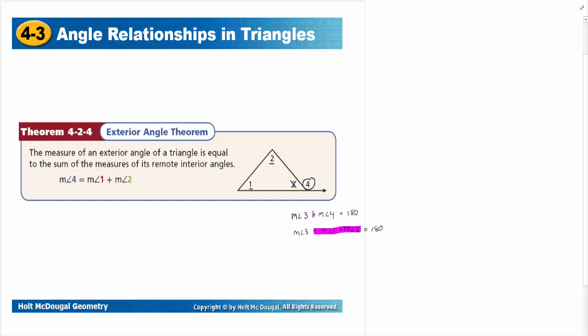Don't those equal that? You'd be able to set these two equations equal to each other, and just subtract the measure of angle 3 from both sides. They'll cancel each other out, and you'll be left with this equation. There's your proof. It's a non-formal proof. I make it non-formal because that means I can ask you to do it on a quiz or in your homework. If I don't ask you in your homework, guess what? You're probably going to see it on a quiz. So make sure you pay attention to the steps that I'm giving you because I'm mostly wording it out.